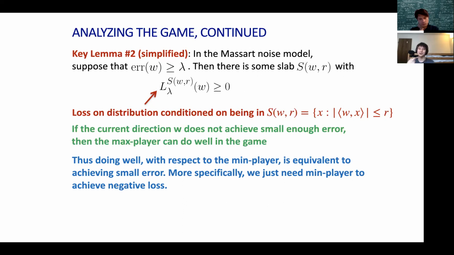Just to reiterate, we're going to set up this game. You're going to be paying a lot of loss for w compared to what you would have for w star whenever your 0-1 loss is too big. So if we are doing well in the game, that means we'll start to get negative loss. And then using the contrapositive of the lemma, it means our error can't be bigger than lambda.